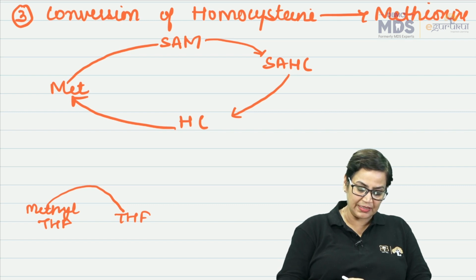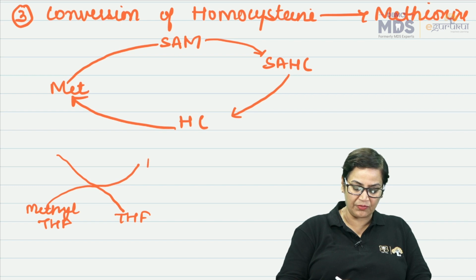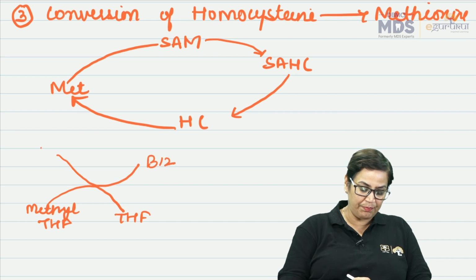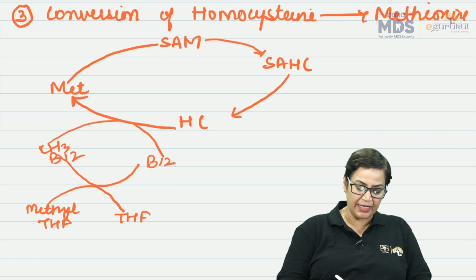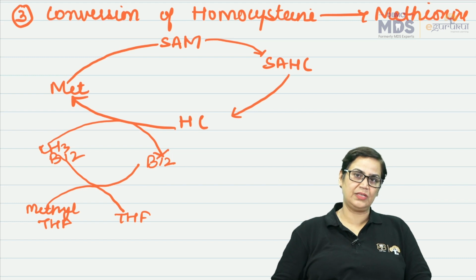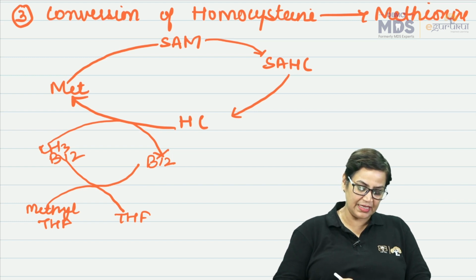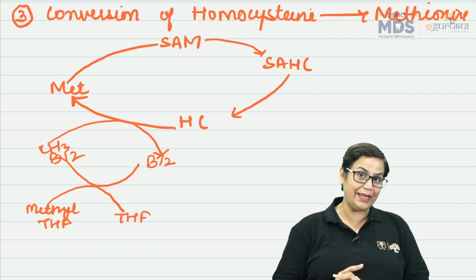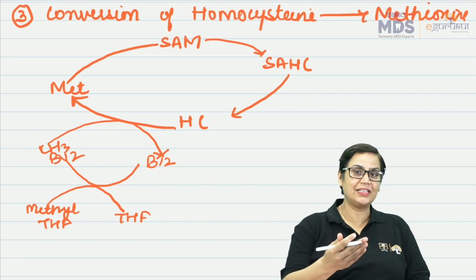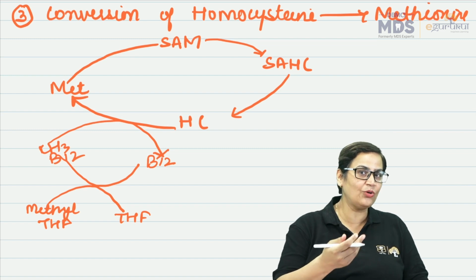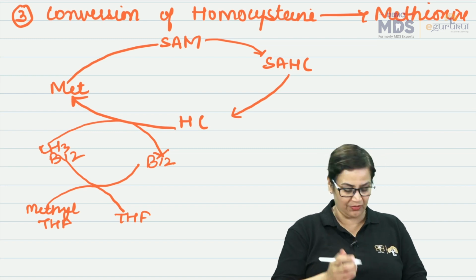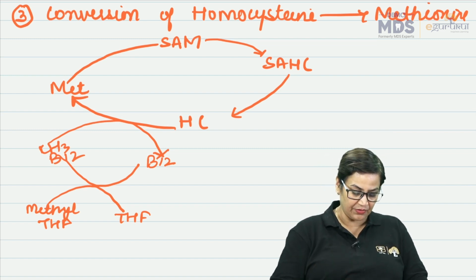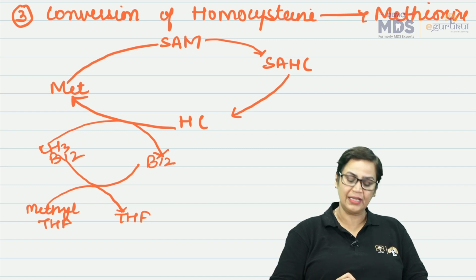Now what happens is this B12 picks this methyl group and then it donates it. Means you can say that this methyl group, which is coming from folate, it is handing over this methyl group to B12 and itself it is being converted into tetrahydrofolate.